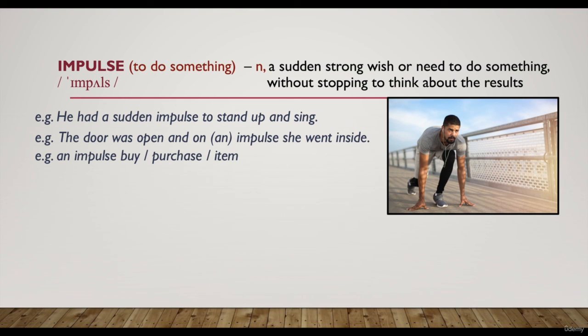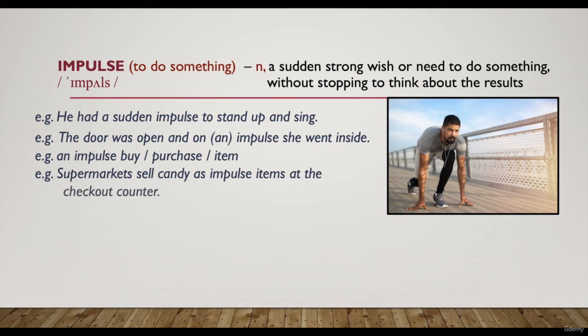So I didn't think very clearly before buying it. I didn't think that I didn't need it. I didn't think about how much money I would spend on it. So it was an impulse buy. And that dress would be an impulse item. Supermarkets sell candy as impulse items at the checkout counter.